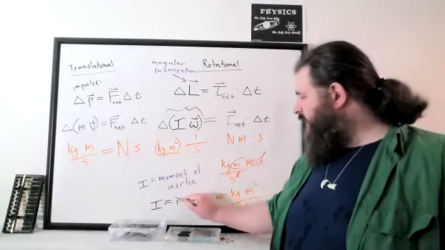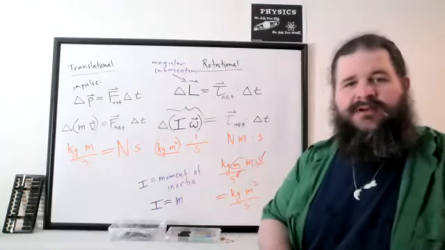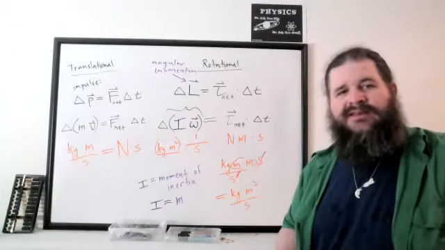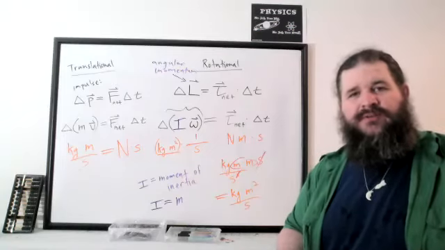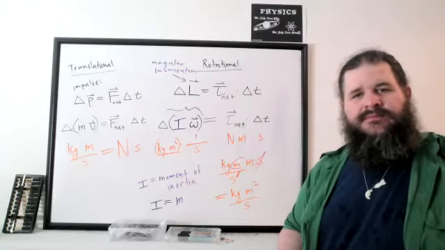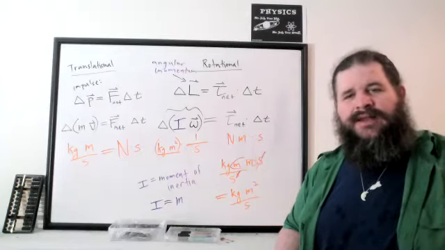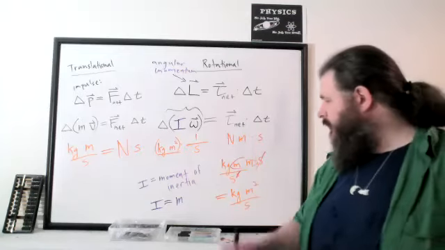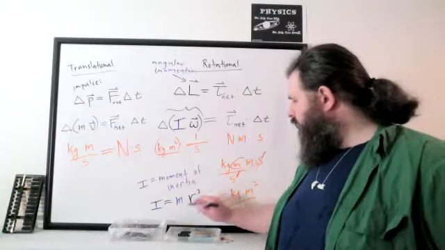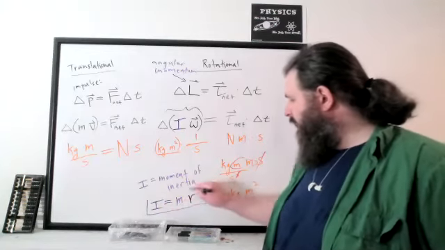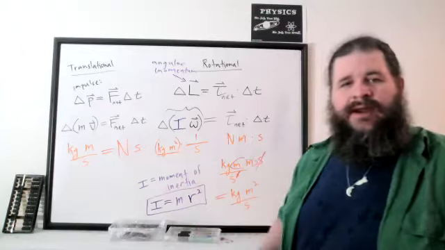Kilograms is a measure of mass. Meters is a measurement of distance. And what's the most important distance involved in any rotational situation? If you've got some sort of rotating object, what distance do we usually care about? Yeah, the radius, the distance from the pivot point. So the basic formula for moment of inertia is the mass times the radius squared.